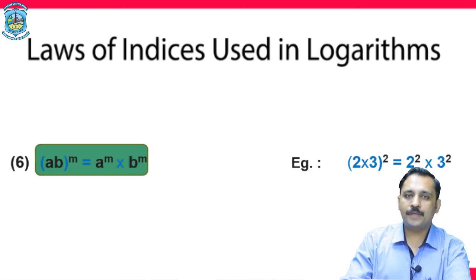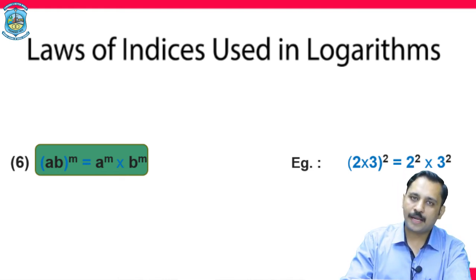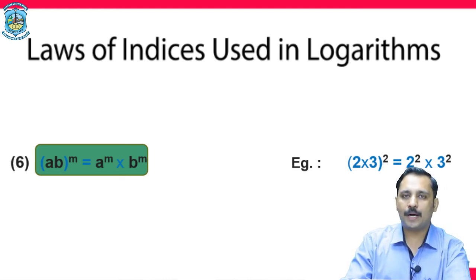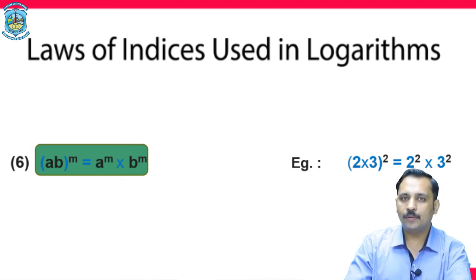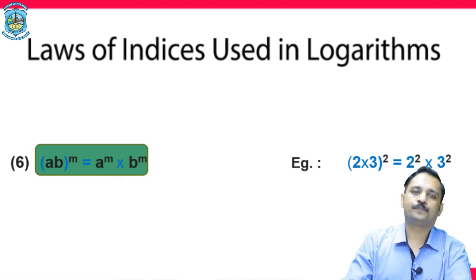Next, ab whole raised to power m. It is equal to a raised to power m multiplied by b raised to power m. In this case, we have to open the brackets and to every value, we need to raise it to value m. So, for example, we have 2 into 3 whole raised to power 2, it is equal to 2 raised to power 2 multiplied by 3 raised to power 2.